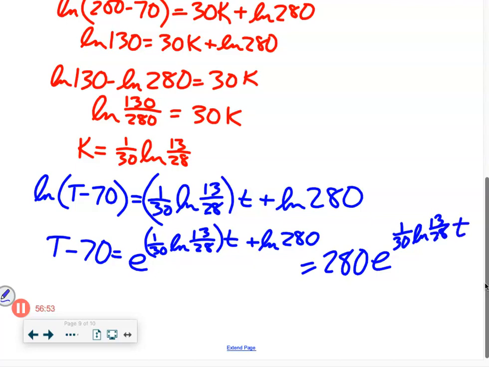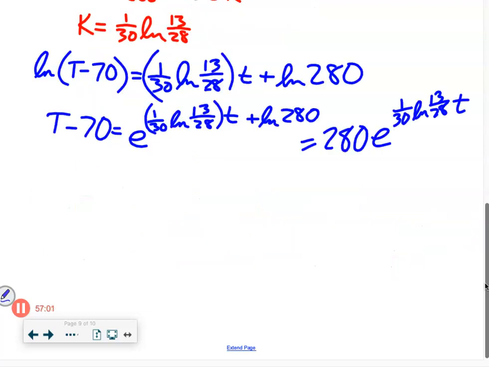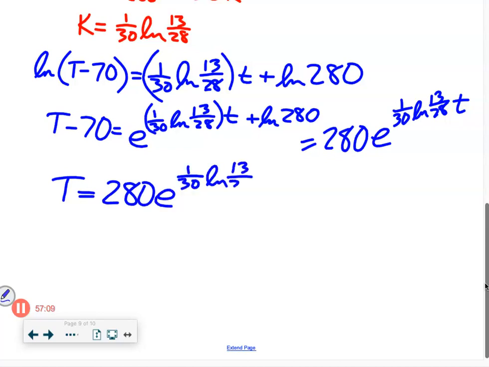Now, you could make this be an exponent, but then you still have that t. I wouldn't do it. I just leave it. So my final big T would be 280 e to the 1/30 ln of 13/28 times t, plus 70. That's my final. Yours could be e to this whole big thing plus 70, right? And that's fine too.